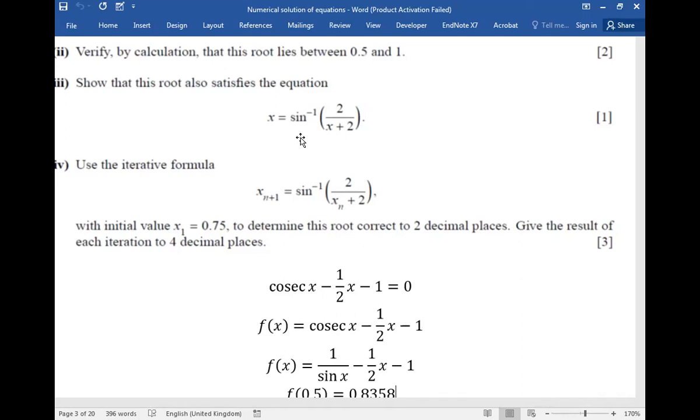Now the question says it has provided you with an iterative formula again, and you have already proven that this iterative formula is just a manipulated form of the same equation that we started with. And now it has given you the first value that you're supposed to plug in. Your iterations are supposed to be correct to 4 decimal places, and your root shall be correct to 2 decimal places. I've just told you people, fix your calculators.